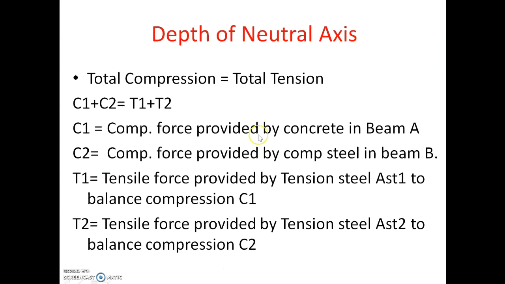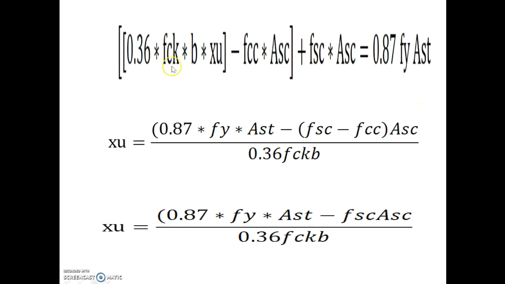Depth of neutral axis. For finding out the depth of neutral axis, we have to equate total compression to total tension, that is C1 plus C2 is equal to T1 plus T2. That is 0.36 fck b xu is the C1 value, and fsc into Asc plus fcc into Asc is the C2 value. By equating this to total tension, that is 0.87 fy Ast, we get xu equal to (0.87 fy Ast minus fsc minus fcc into Asc) by 0.36 fck b.